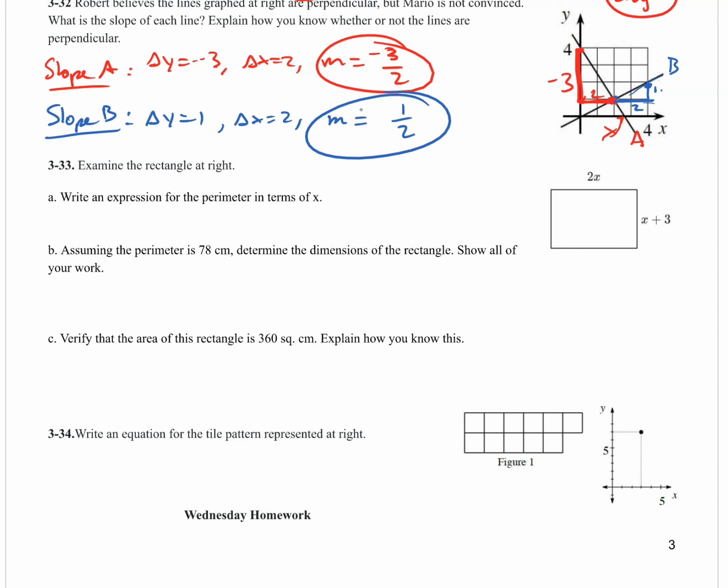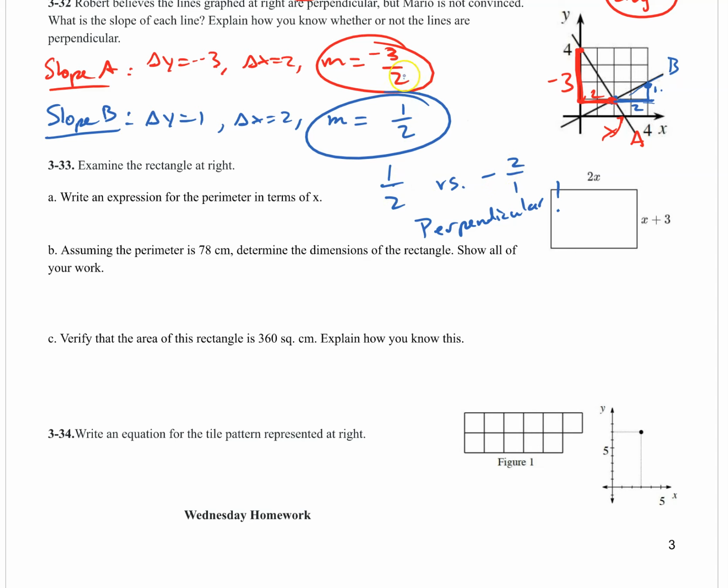Okay, so now the question is, are they perpendicular? Perpendicular lines have opposite reciprocal slopes. So for example, 1/2 versus negative 2 over 1, that would be perpendicular. Right? So perpendicular lines have the same slope but upside down and negative. So look at these two slopes.